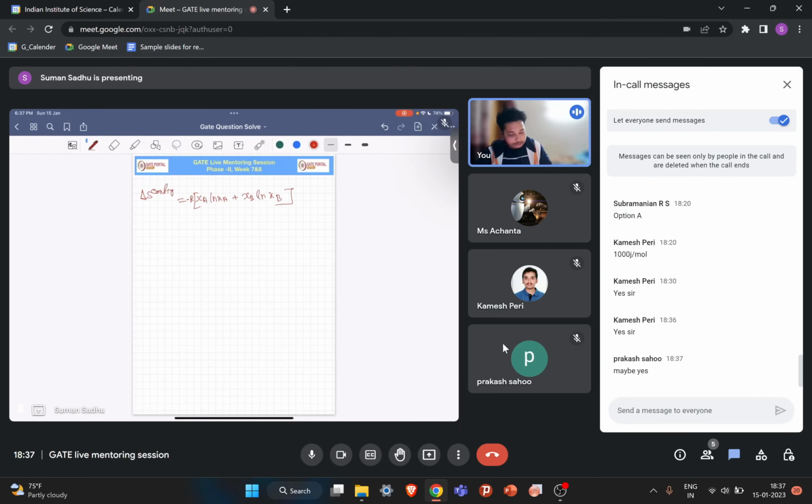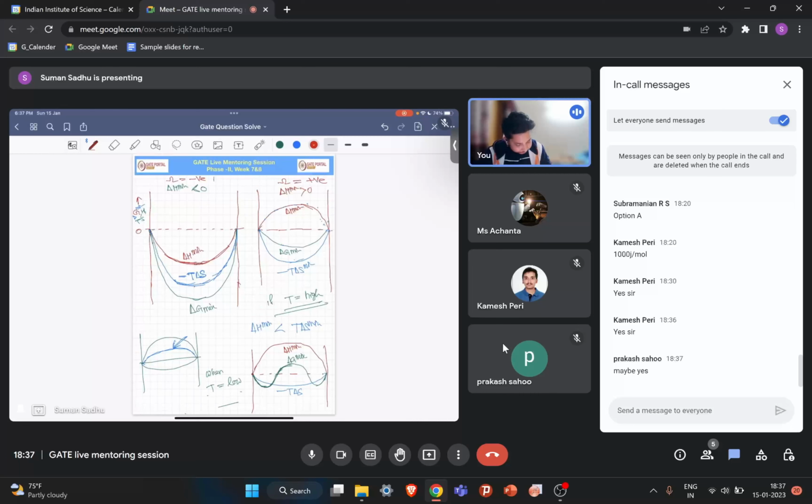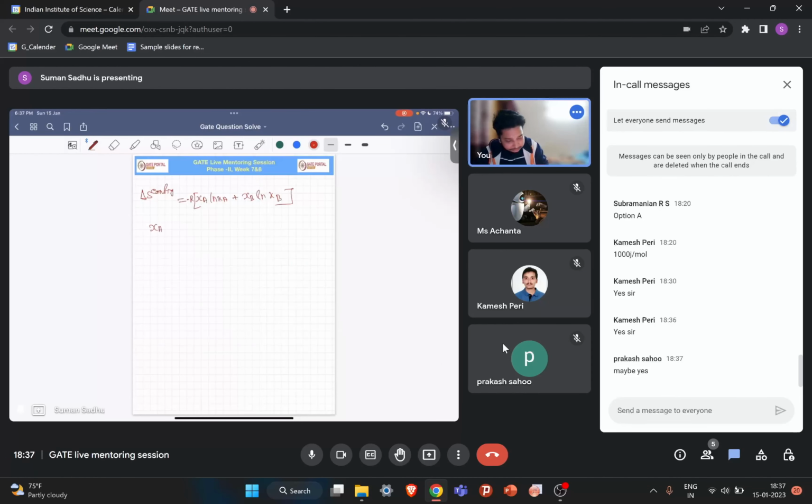So when you are at the very end, near this composition, that means your xA tends to 1, or xB tends to 1. What will be your delta S config then? It is almost minus infinity, right?